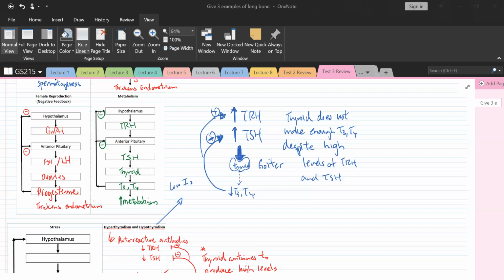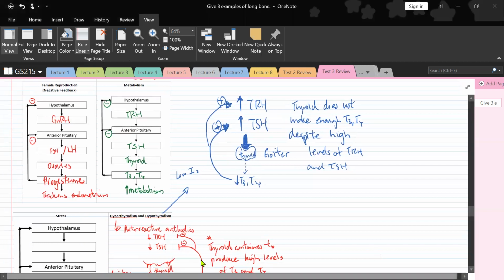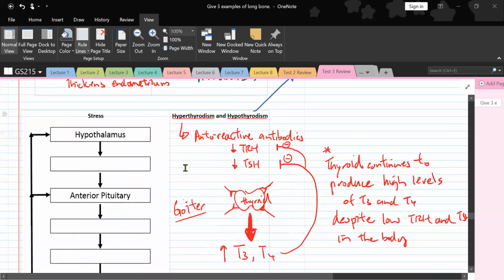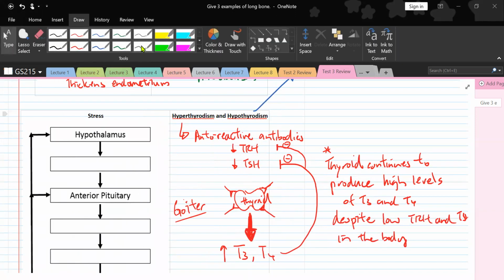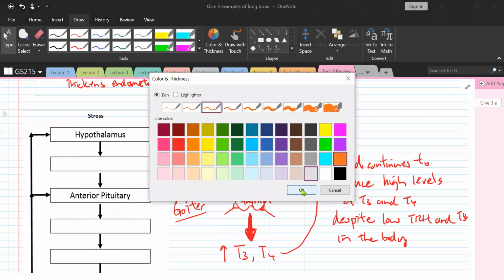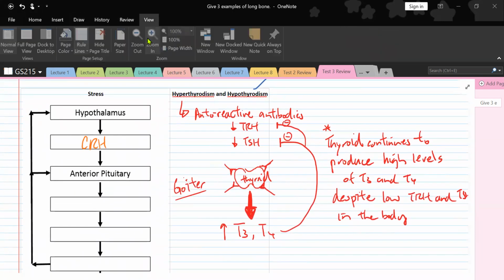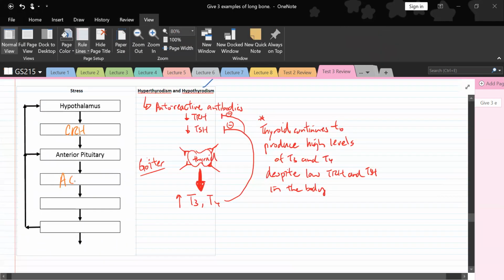Moving on then. Stress. That is talking about the cortisol stuff. The hormone from the hypothalamus would be CRH, which triggers the anterior pituitary gland to release ACTH.